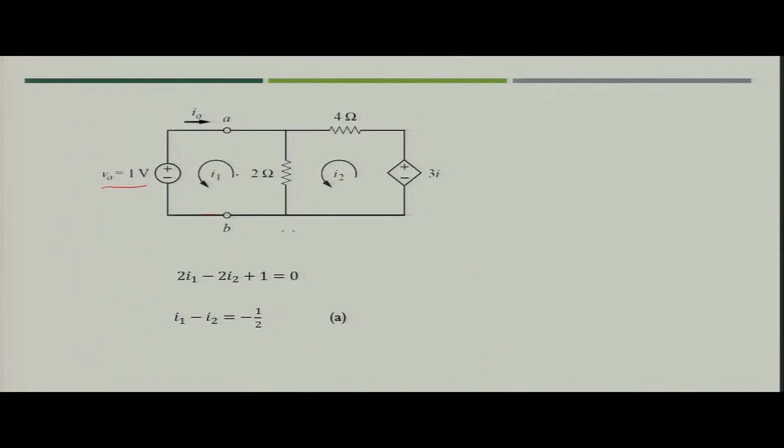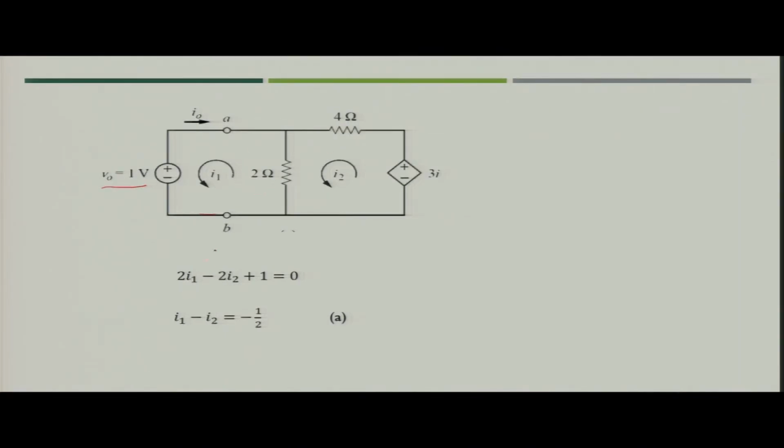Now, we have two meshes in the circuit. Let us say the currents I1 and I2 are flowing in the same direction. Let us write the KVL equation for both meshes.